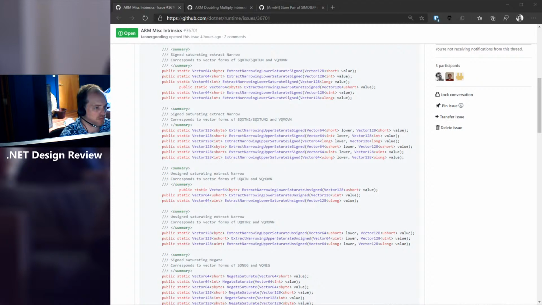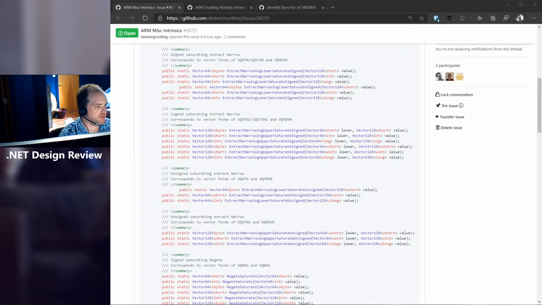And signed didn't fit anywhere else. Maybe after. Well, I guess extract narrowing upper will result in the upper half of the lower first and the lower part. Zero the upper part, right? Right.